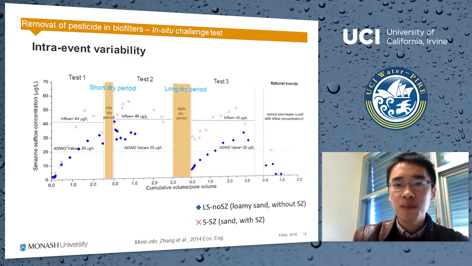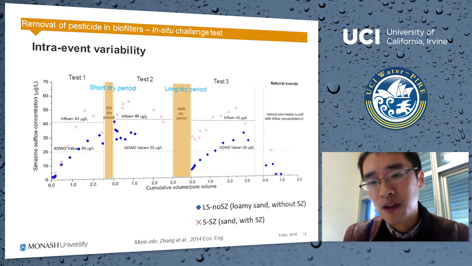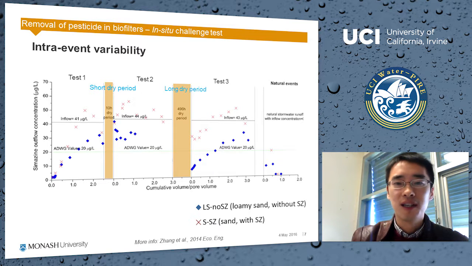However, after a very long dry period between test 2 and test 3, we observed a decline in outflow concentration. The starting concentration of simazine in test 3 is lower than the finishing concentration in test 2, which indicates that slow biodegradation of simazine is happening during this dry period.